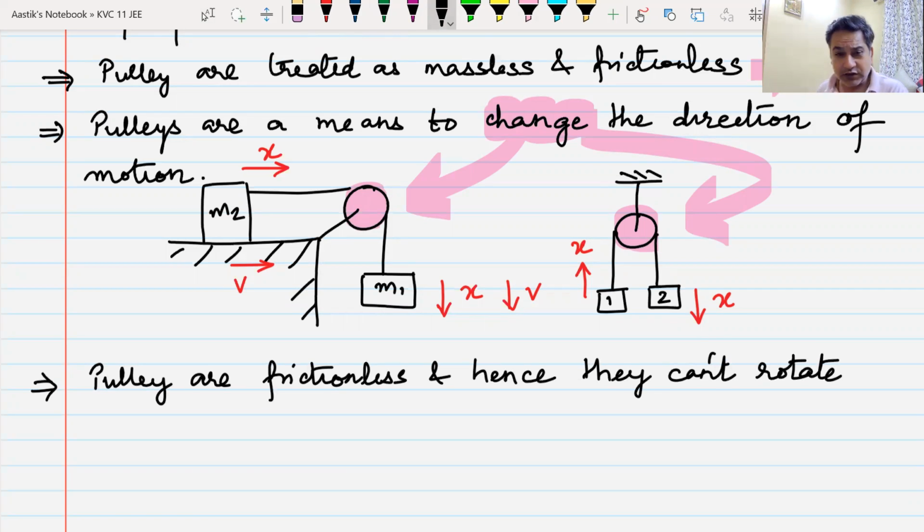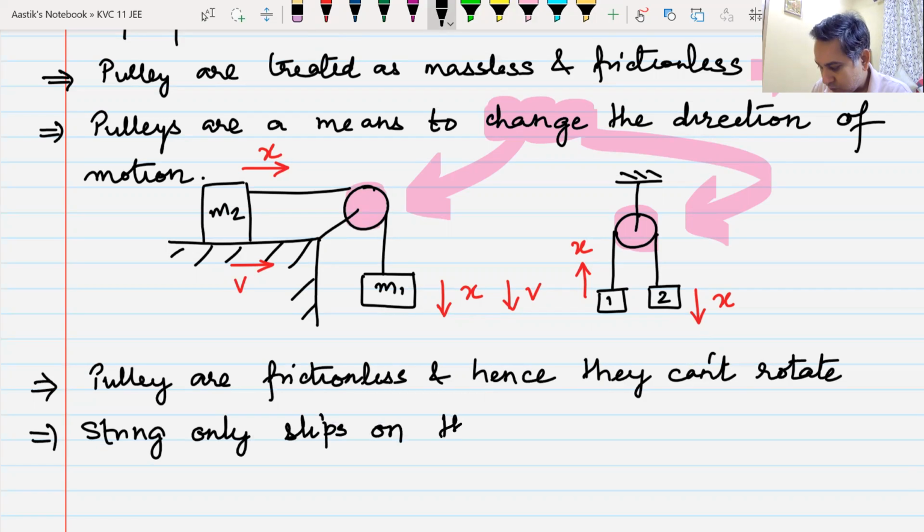They are only going to rotate in the chapter on rotation. They are just going to remain like this. So what is going to happen here? The string only slips on the pulley.